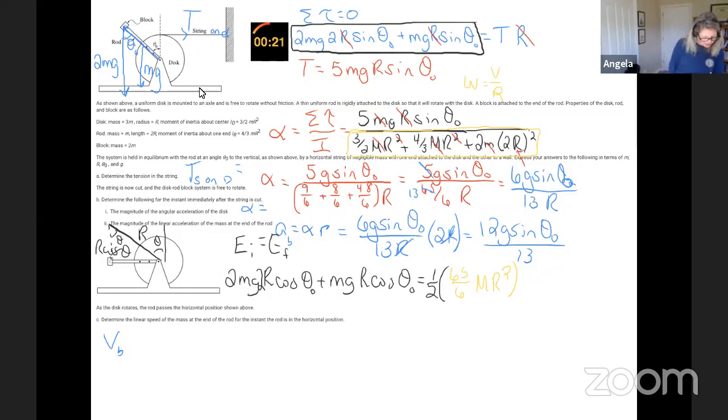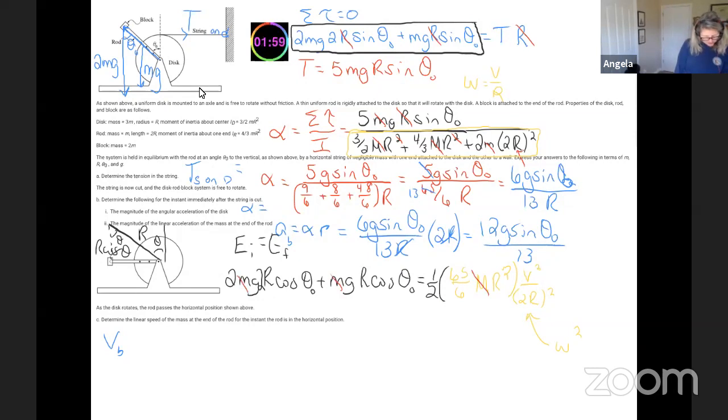So this should be v squared over 2r squared. So this is omega squared, right? So I substituted in v over r for omega. And now I think we can cancel something. Let's cancel the m's first.